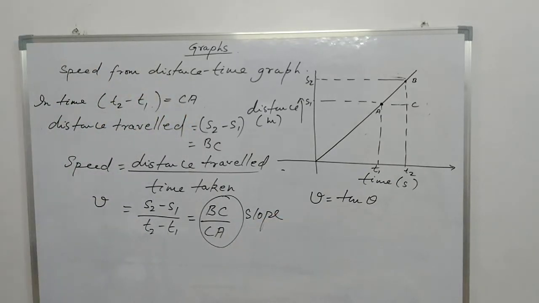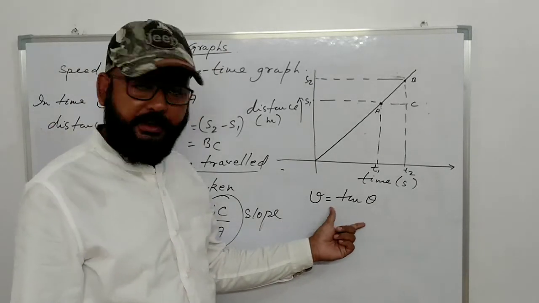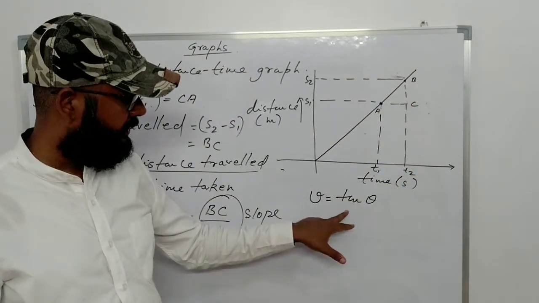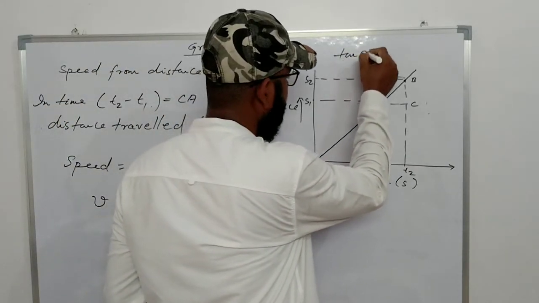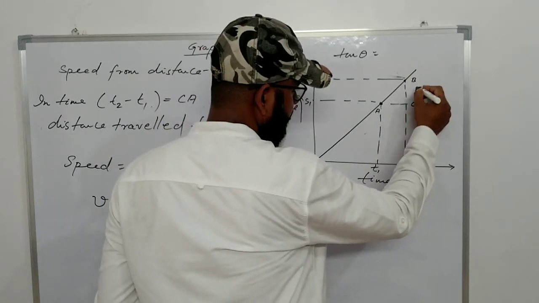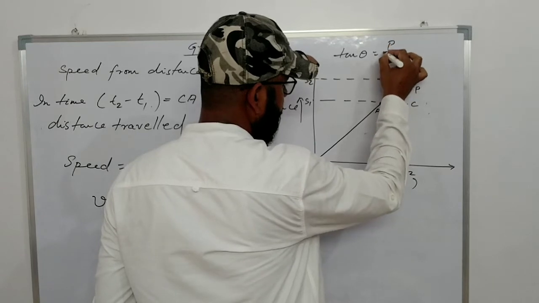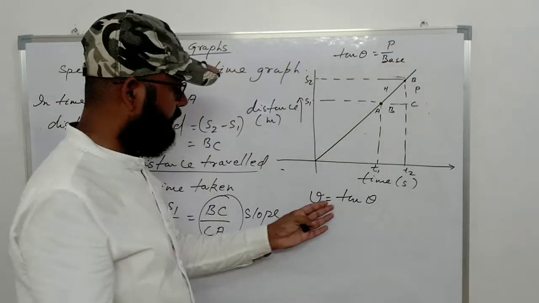Okay, this is what? Slope. And what is tan theta? Tan theta is also the slope of the line. I think tan theta is taught in class 10th, but here tan theta is equal to perpendicular upon base, where this is the perpendicular, this is the base, and this is the hypotenuse.